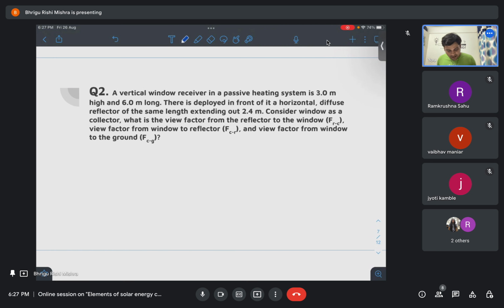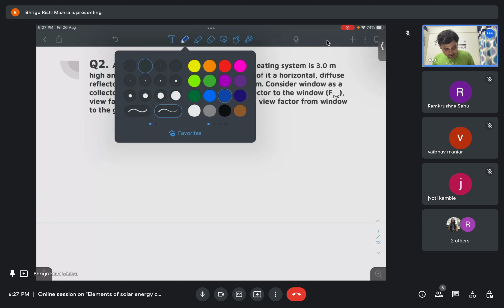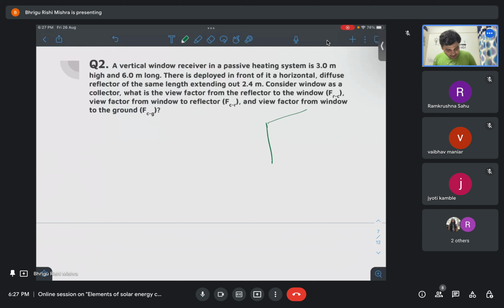In a simple case, suppose I have a collector like this, collector C, and now I have put a reflector on the ground, so that whatever radiation is reflected by this reflector will be focused on the collector, and thus the collector will get more radiation. So this is reflector R.